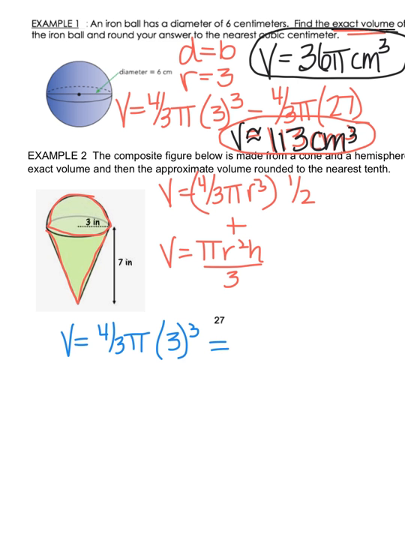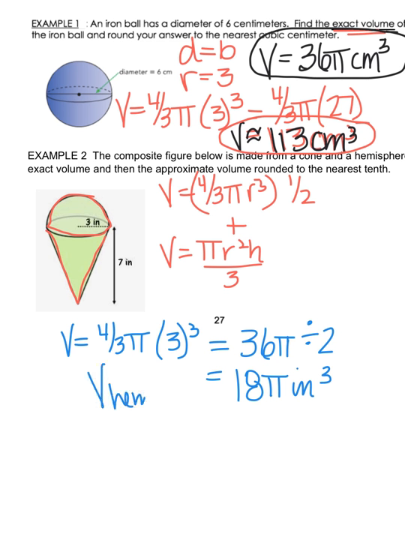So 4 divided by 3 times 3 cubed, I have 36 pi and I have to divide by 2. So the volume of the hemisphere equals 18 pi inches cubed.